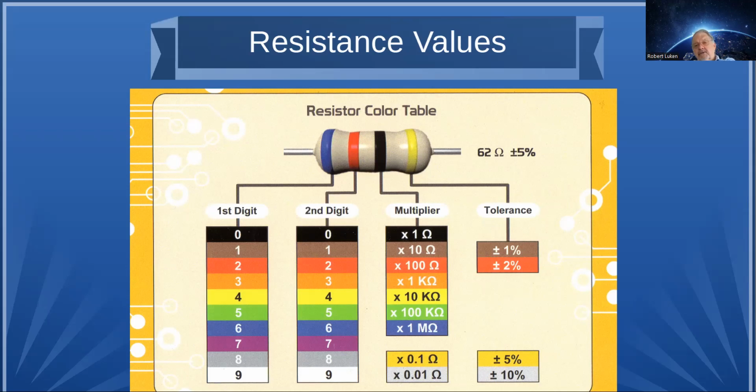Now you see a fourth stripe out there, which indicates the tolerance for that particular resistor. Most of the common ones are going to be 5 or 10%, where the 5 would be gold and the 10, I know it's hard to see, is actually going to be silver.